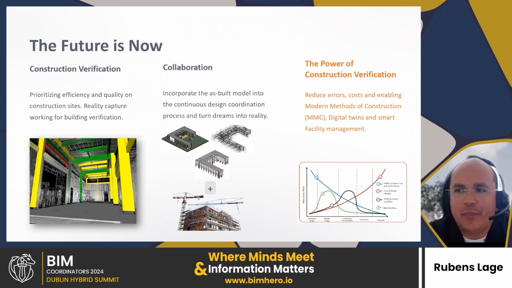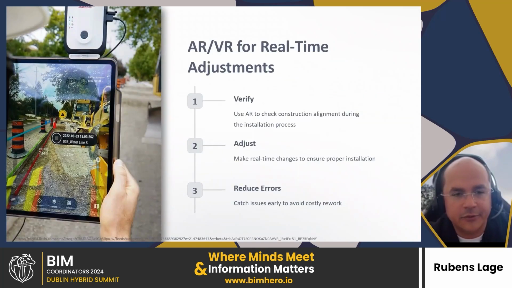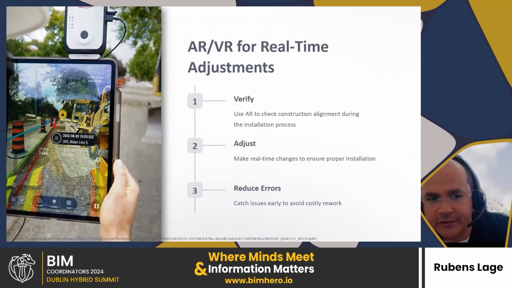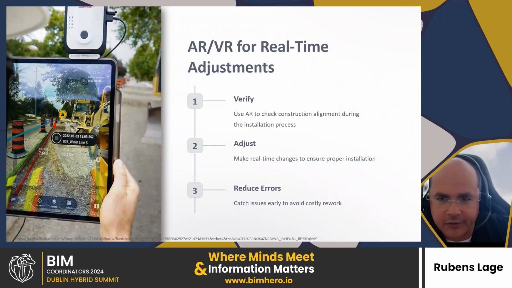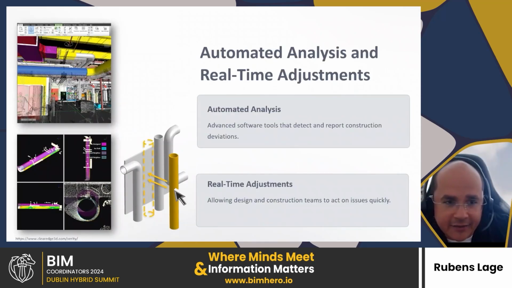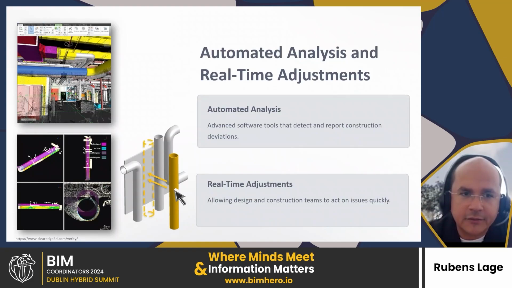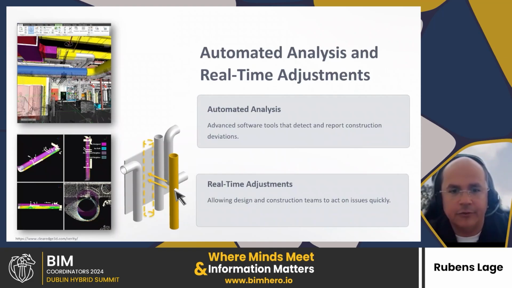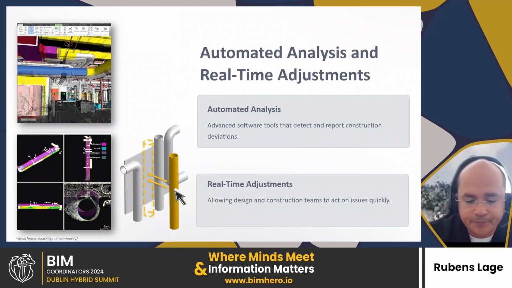And what's the power of construction verification? It's to reduce errors. As I was showing before, you can reduce errors during the process while you're building, using AR and VR and checking things in real time. You can also reduce errors after the construction, so you amend those errors and the next stage is built on top of reality.